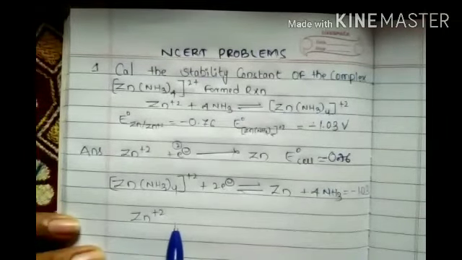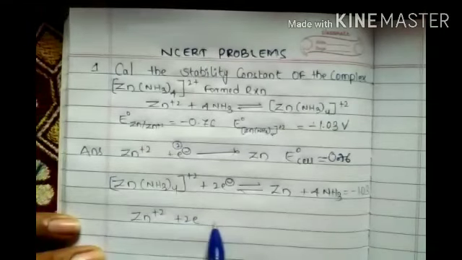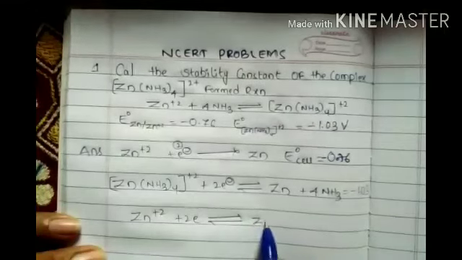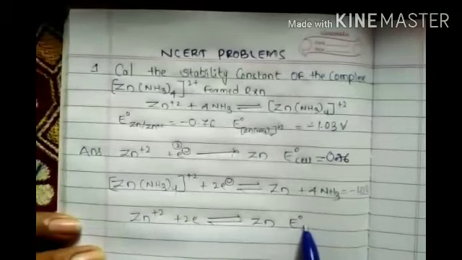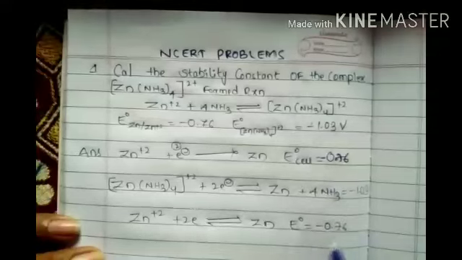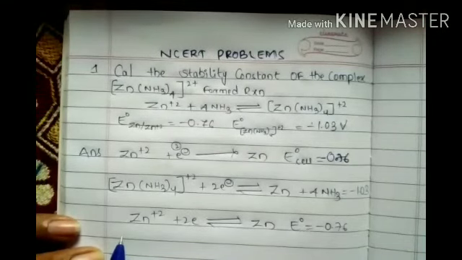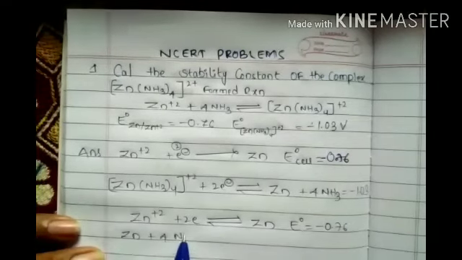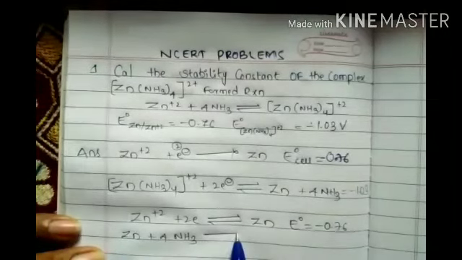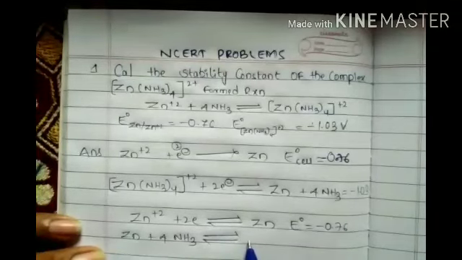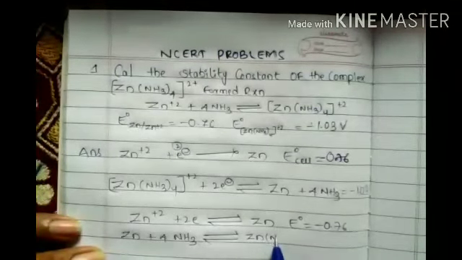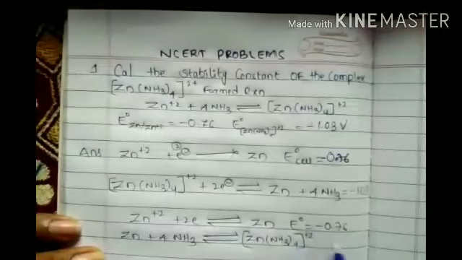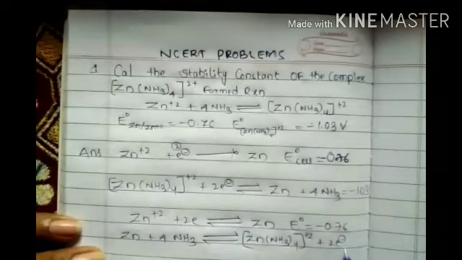Zn2+ taking 2 electrons, in equilibrium with Zn, is E naught minus 0.76, and Zn plus 4NH3 in equilibrium gives Zn(NH3)4 2+ plus releasing 2 electrons.